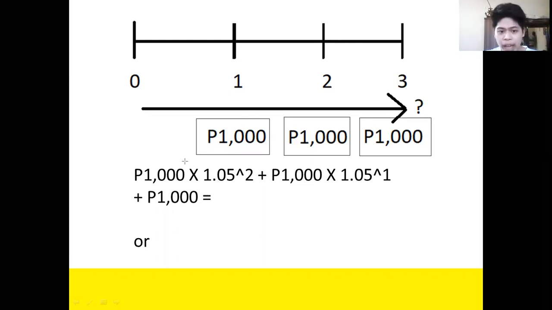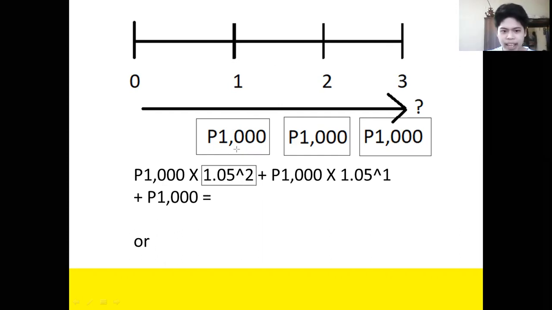1,000 pesos, ito muna. Titingnan muna natin to. Ilang periods ba before year 3? Di ba? Dalawang periods. Okay? So that's why 1,000 times 1 plus interest rate of 5% raised to 2.